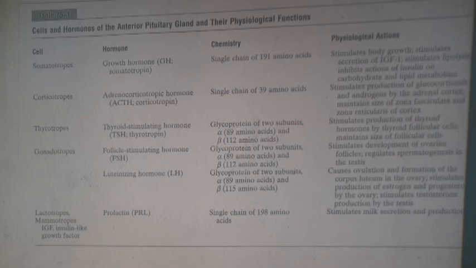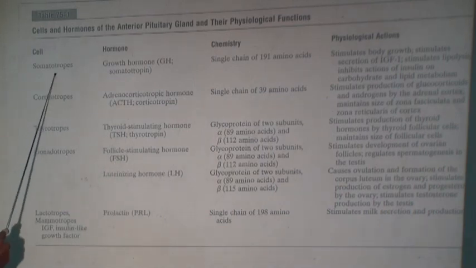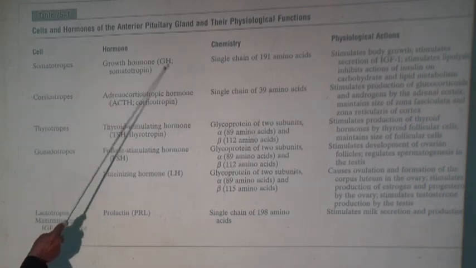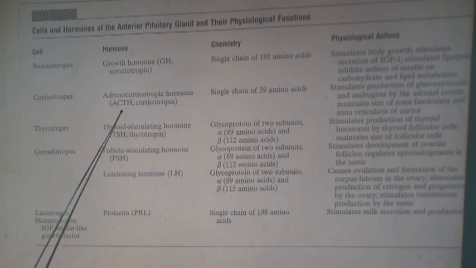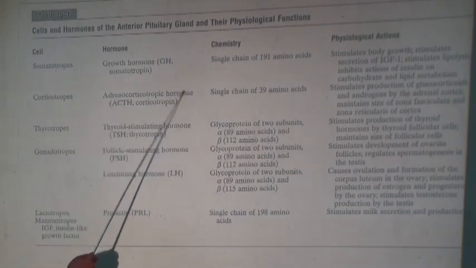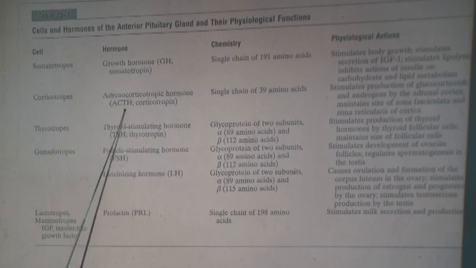Each cell type usually produces one hormone, except gonadotropes, which produce 2 hormones: follicle stimulating hormone and luteinizing hormone. Somatotropes produce growth hormone. Corticotropes produce adrenocorticotropic hormone or corticotropin, ACTH. Thyrotropes produce thyroid stimulating hormone or TSH. And lactotropes produce prolactin.